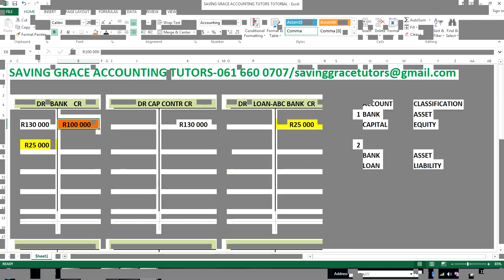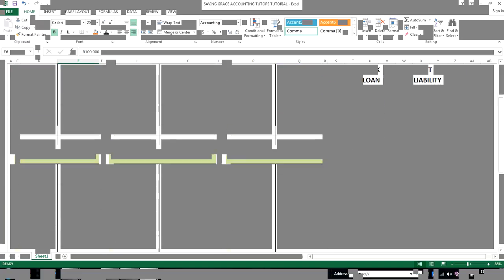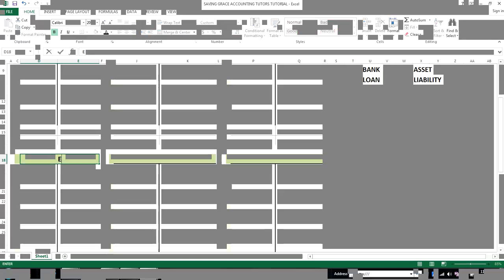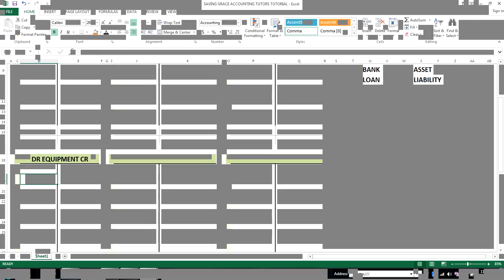Then the other leg is that we bought equipment, and equipment is an asset, which means that it will increase on the debit side and decrease on the credit side. Every time we buy equipment, our equipment gets more, so therefore it is being debited. And every time we sell equipment, our equipment gets less and therefore it's being credited.